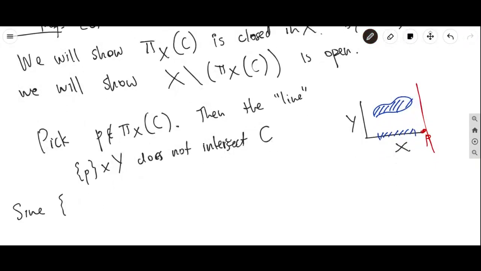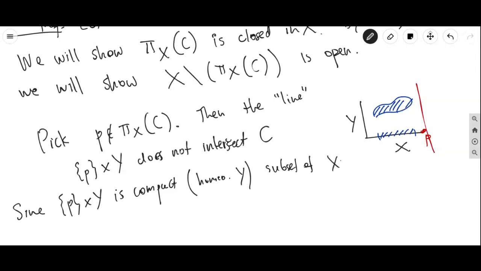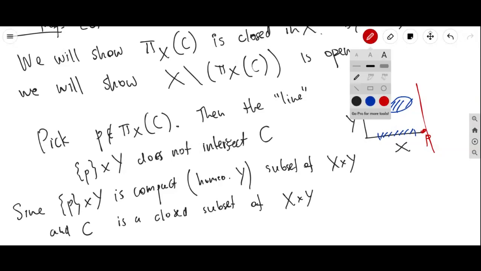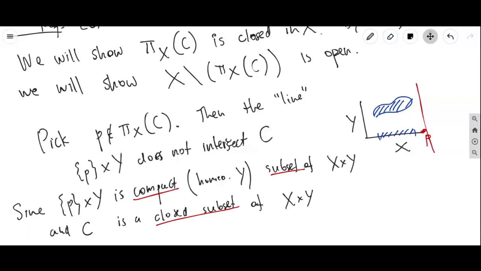Since P times Y is compact, this is where we use compactness. Why is it compact? Because it's homeomorphic to Y, so it is a compact subset of X times Y, and C is a closed subset of X times Y. So the line is a compact subset, and C is a closed subset.